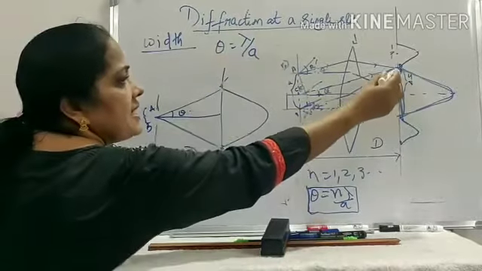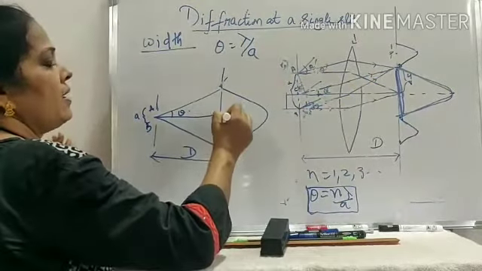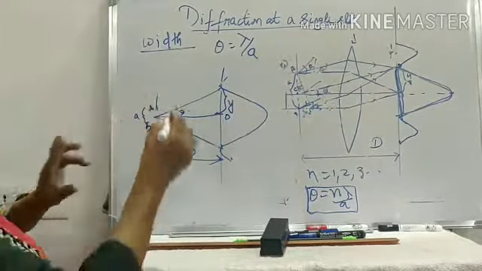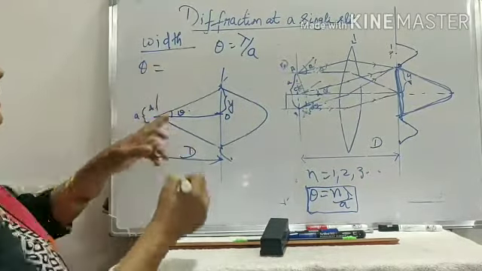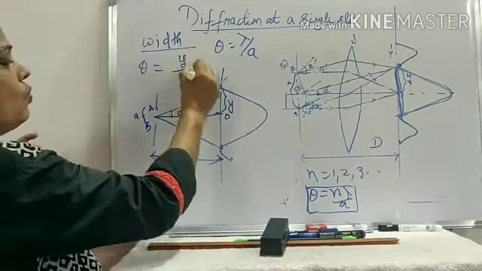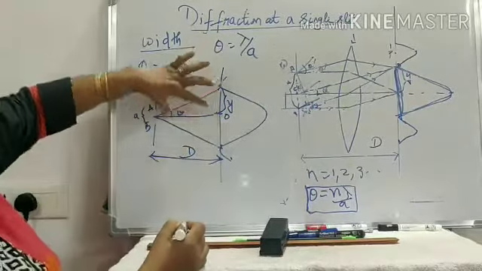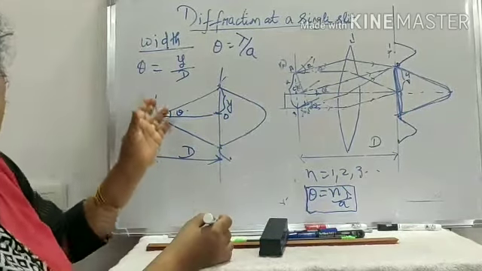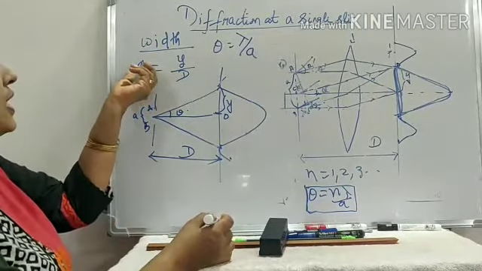Now we have considered this distance to be y. So here I take it as y. Also from this figure I can write theta is equal to y by D. Since the angle theta is small, whether it is sin theta or tan theta, it is the same, and we are reducing it to theta.